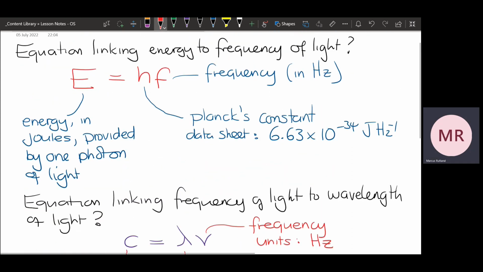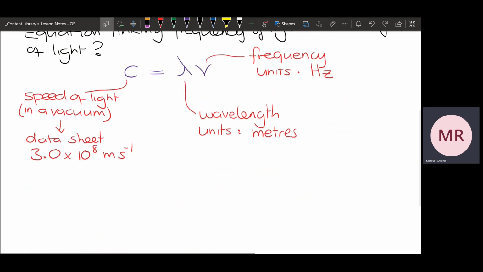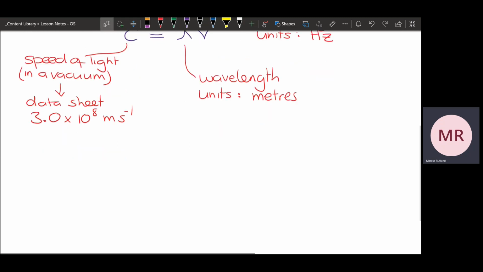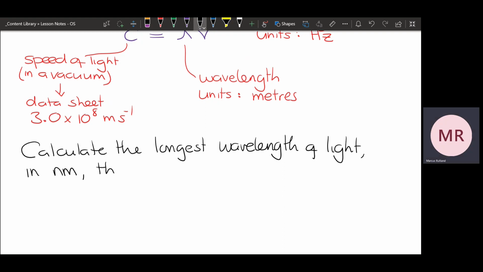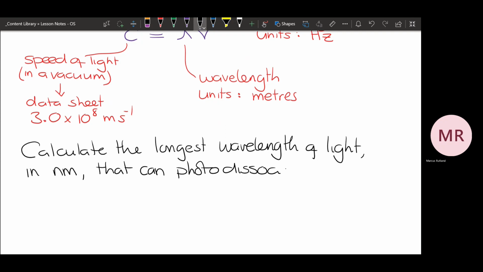Okay, so we've got these two equations, and then we can get asked questions like this. Calculate the longest wavelength of light in nanometers that can photodissociate Cl2.